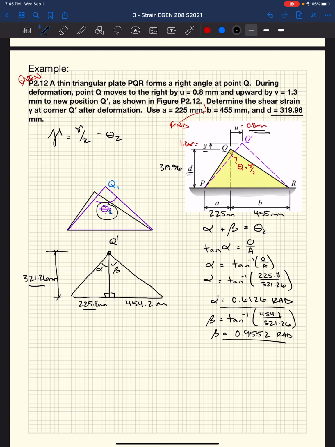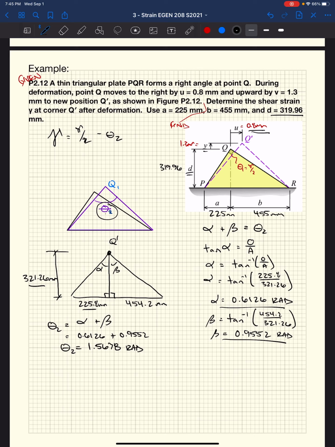Well, we told ourselves up above that theta 2 equals alpha plus beta. Well, that means 0.6126 plus 0.9552. We get total radians for theta 2 equal to 1.5678 radians. Stay with me here.